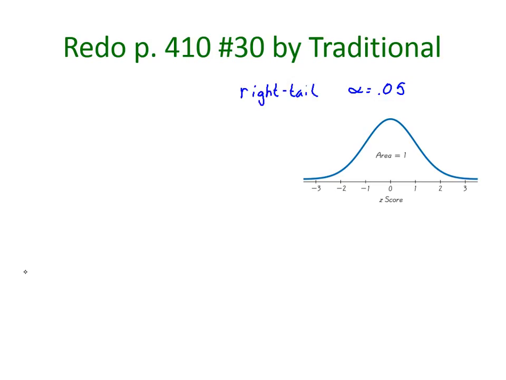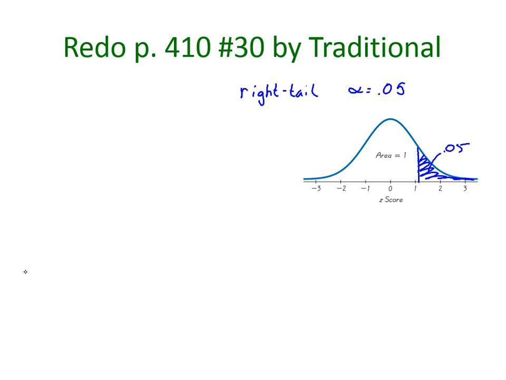Which is telling me that all 0.05 of my probability is just in that right tail. So I'm not throwing it out if it's too low. I'm only throwing it out if it's too high. And so I need to find the critical value that cuts off 0.05 on the right side. So all 0.05 is over here. So what am I looking up in my tables?